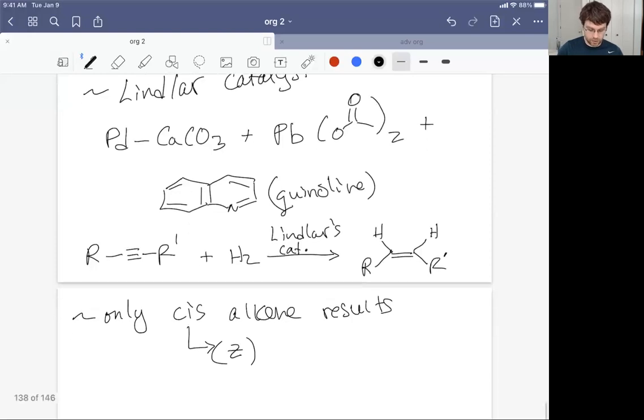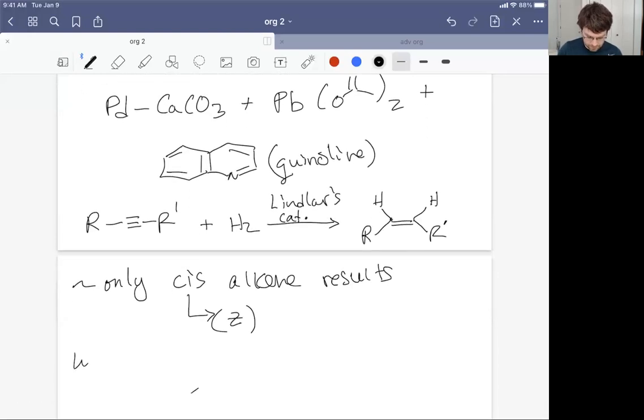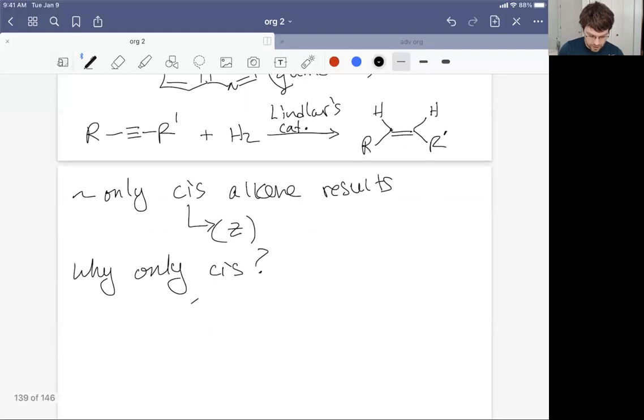So why only cis? Well, this goes back to something that we talked about last time when we looked at the reaction of hydrogen with alkenes. The H2 is delivered syn.